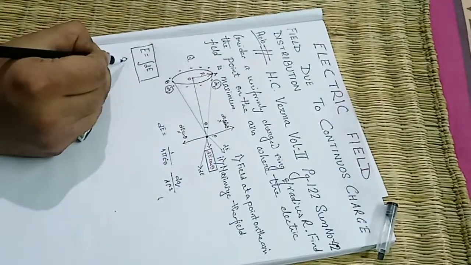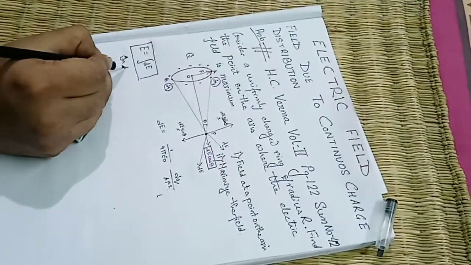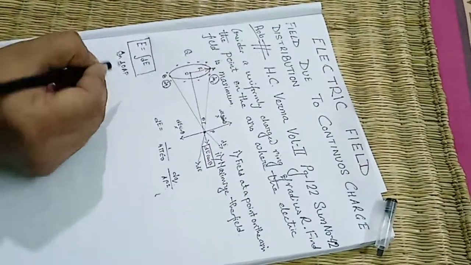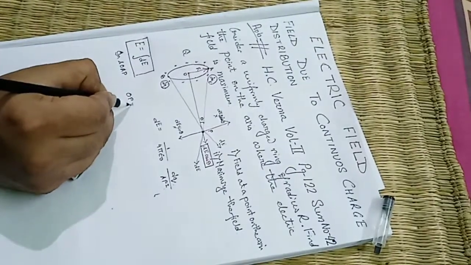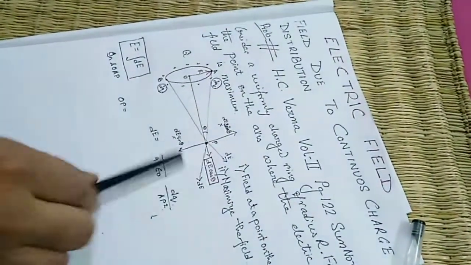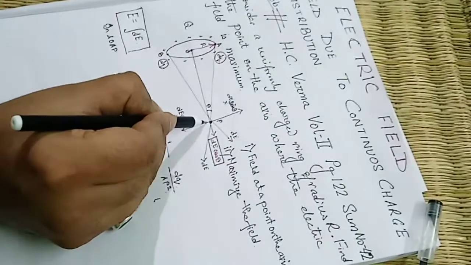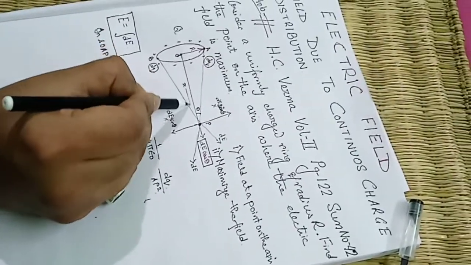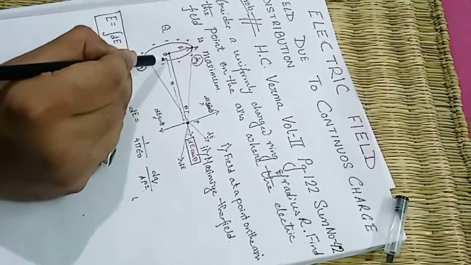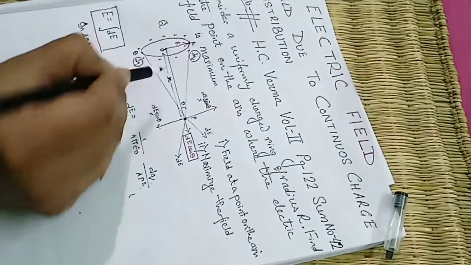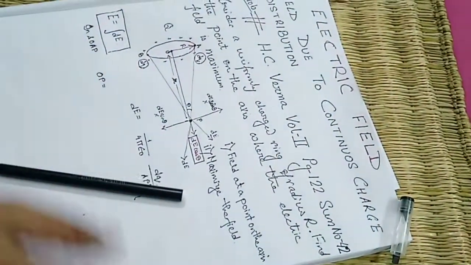Now OP in triangle OAP, OP equals to, suppose let the distance from O to P be x. We have to find this x, be x.